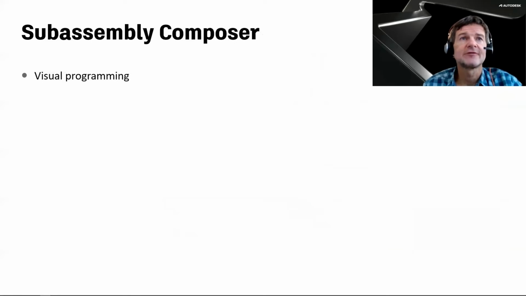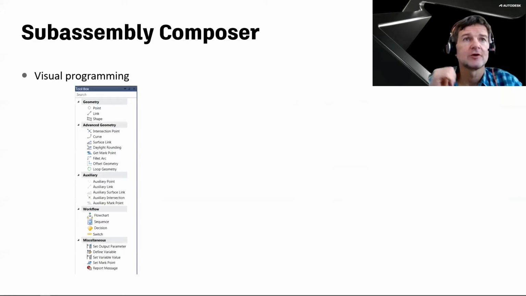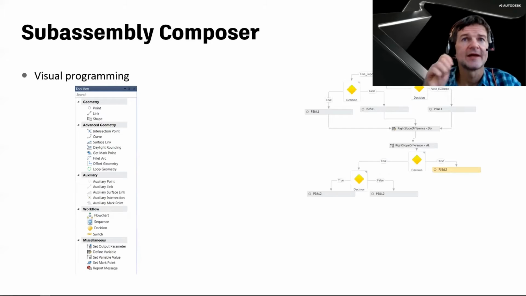Then, as I said, we also have the possibility of Subassembly Composer, which means visual programming, and this tool is giving you different possibilities for how the subassembly should look, and then you can create really specific things, like creating this point on the cross-section based on this condition, and so on and so forth.